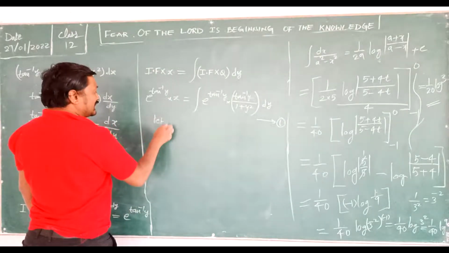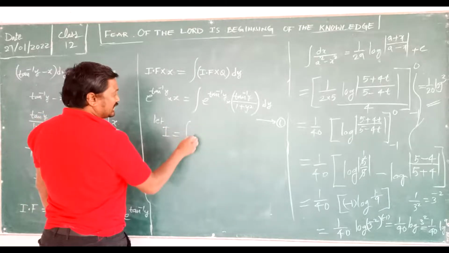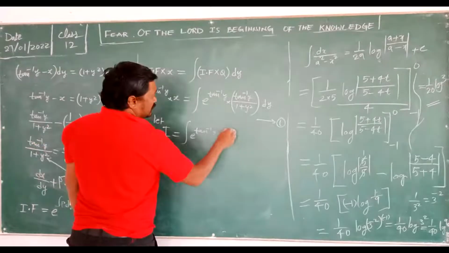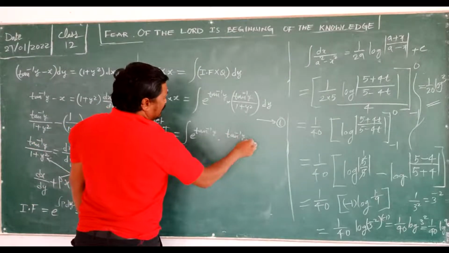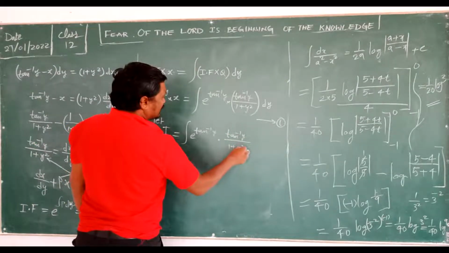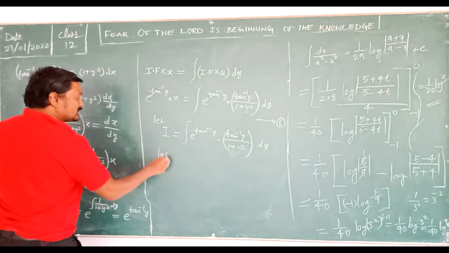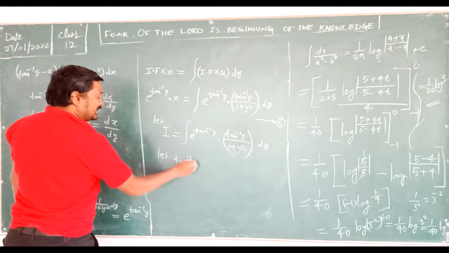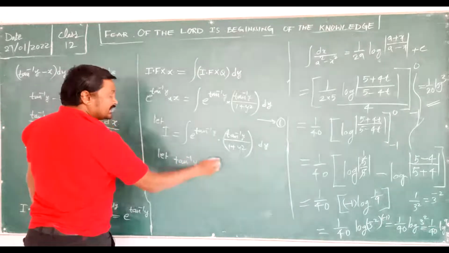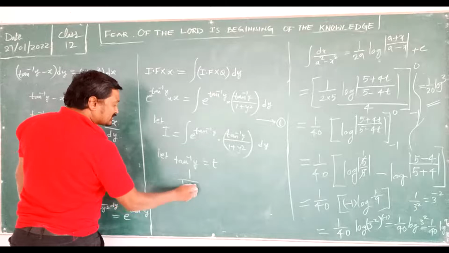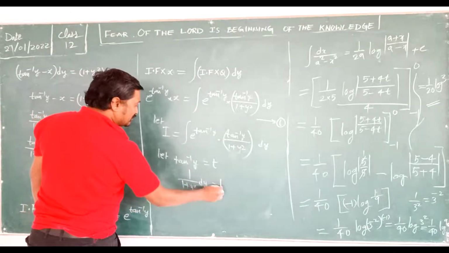Let I be equal to integral e to the power of tan inverse y into tan inverse y upon 1 plus y square into dy. Now let tan inverse y be equal to t. Then differentiating, 1 upon 1 plus y square dy is equal to dt.